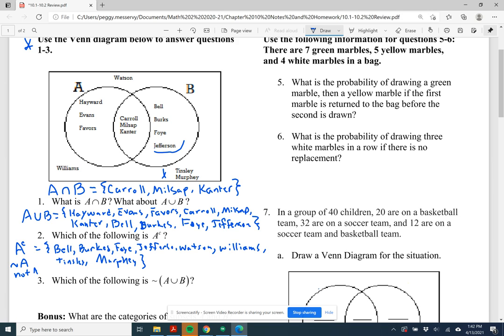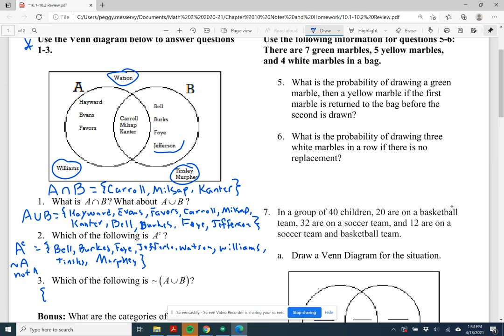Okay, which of the following is not in A union B? So we need the things, this is A union B, A together with B, but I want the things that are not in there. So not in A union B, that would be everybody that's outside, these 4.